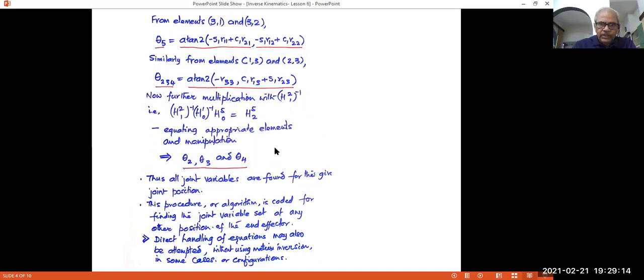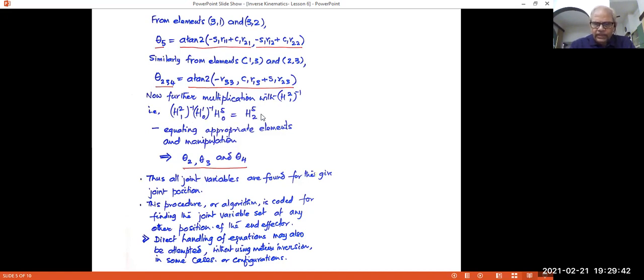The same thing is written as two expressions here, theta 5 and theta 2, 3, 4. Actually, theta 1 and theta 5 are now known, and 2, 3, 4 is known to us, not individually, but as a sum of these three joint angles or variables. What we do next is a similar inverse transform with H21 inverse. We multiply the previously obtained one.